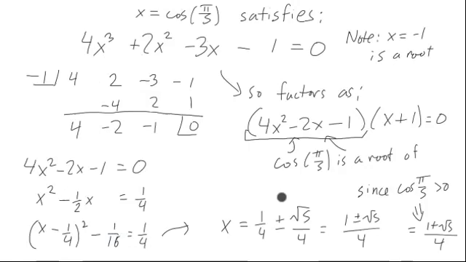Take a square root of that, it's square root of 5 over 4, but plus or minus, and then you add the 1/4 over. So you get this. Now, which one do we pick, plus or minus? If minus, well, square root of 5 is bigger than 1, so minus would give you a negative result. But cosine of pi fifths is positive, since it's located in the first quadrant. Therefore, 1 plus square root of 5 over 4 is cosine of pi fifths.